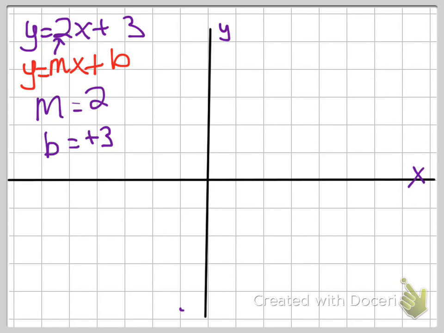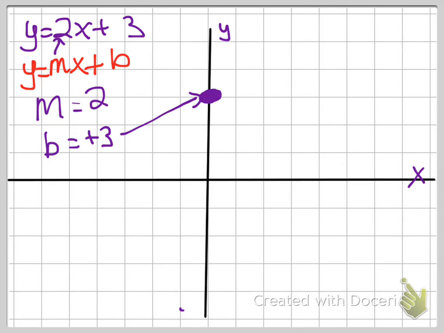Okay? I'm going to probably run out of room here. I'm going to go ahead and plot that y-intercept first. So your first step is, once you know the slope and the y-intercept, let's plot the y-intercept. It isn't going to go anywhere.